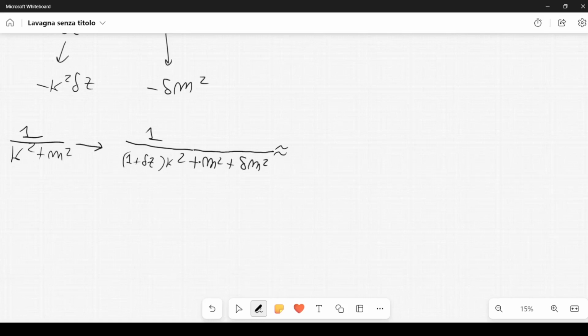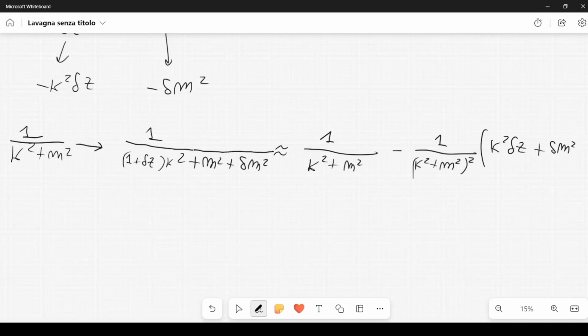In any case, you can expand this function near the point delta z equal to 0 and delta m squared equal to 0, by assuming that delta z is much smaller than 1 and delta m squared is much smaller than m squared. Anyway, what you have here is 1 over k squared plus m squared, and then you have minus 1 over k squared plus m squared, squared, and then here you have k squared delta z plus delta m squared.